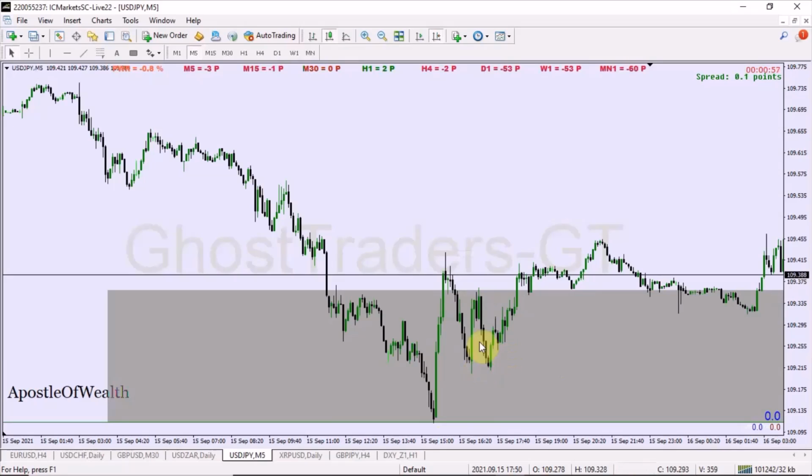Based on order flow, since price failed to take out this low here, it's most likely to take out this low. Having those things in mind gives you an idea that price is actually bullish at this moment, or there is a shift in market structure. So that's what you can look at.